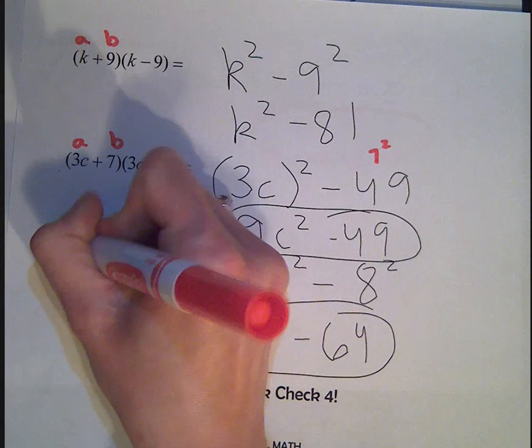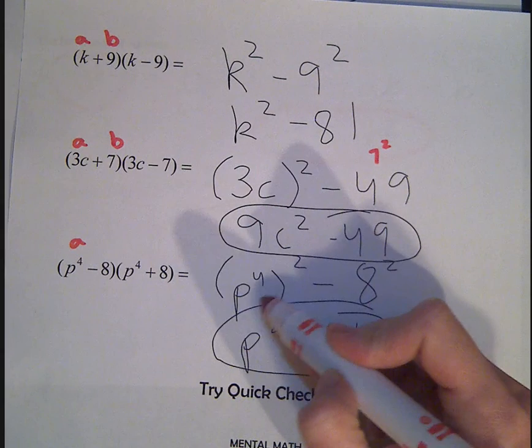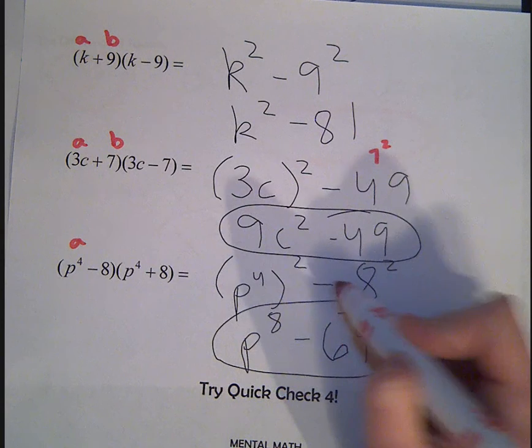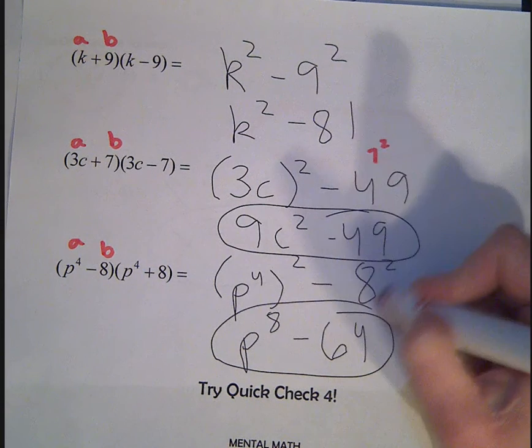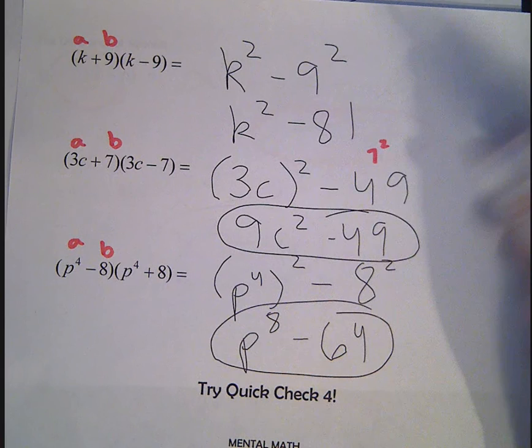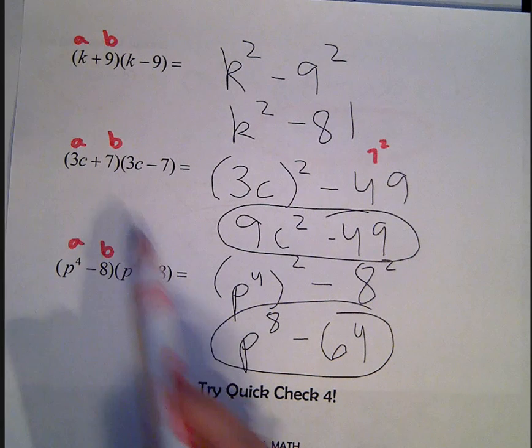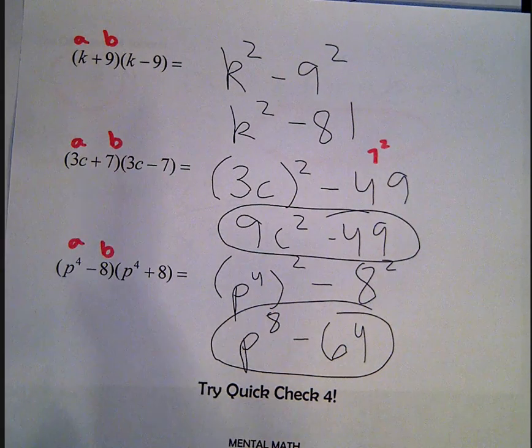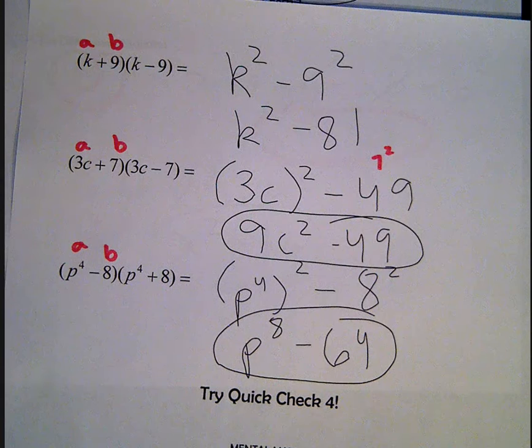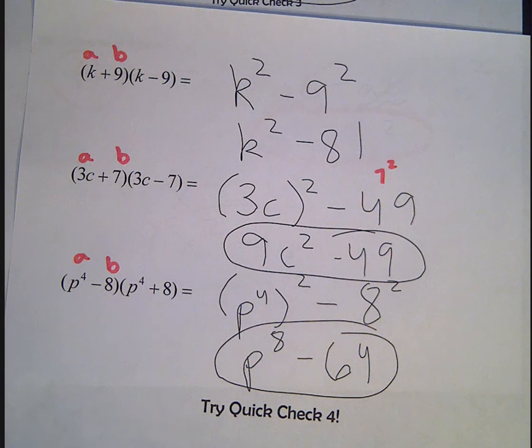Your a is p to the 4th, so it's p to the 4th squared, minus your b, which is 8. So 8 squared, so this is p to the 8th, minus 64. Notice it doesn't matter if it's plus minus or minus plus, as long as they're different, you can use this rule. So try quick check 4, which is on the bottom of page 514, and then hit play when you are ready.